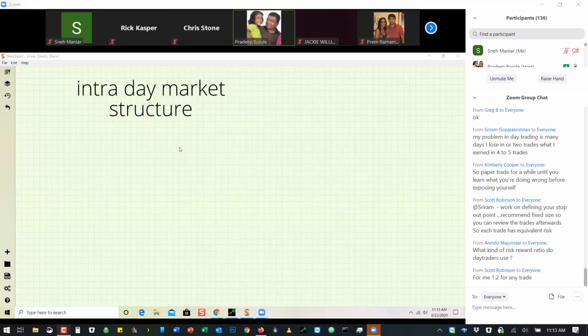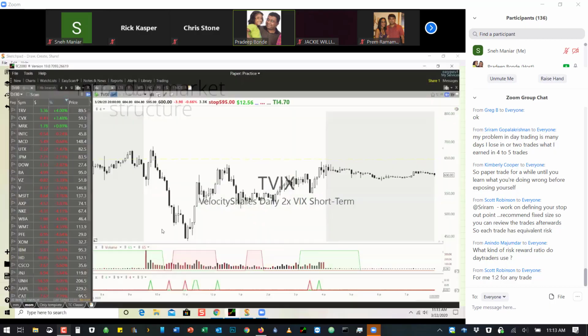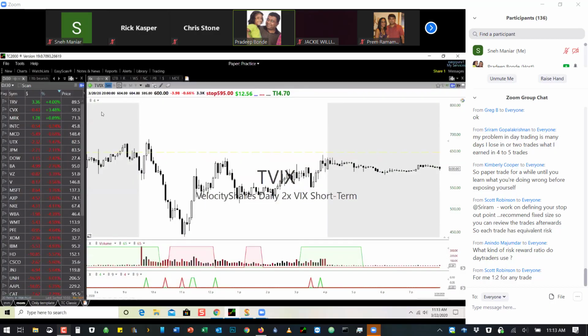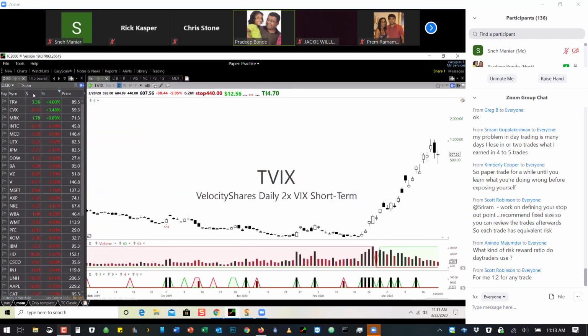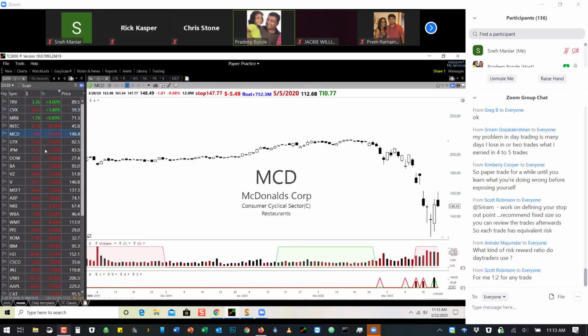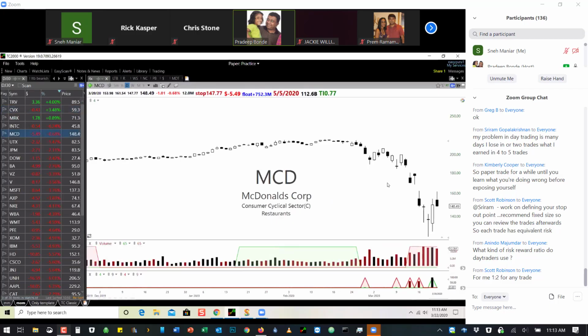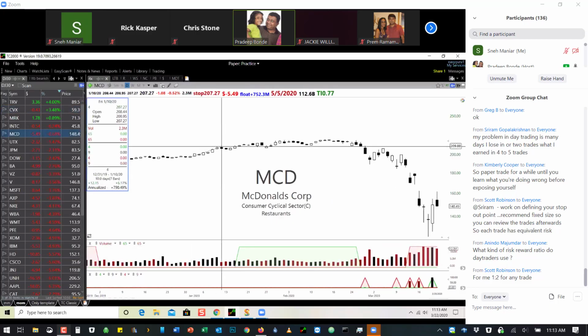So let's look at basically intraday market structure, okay? And this is the key to becoming a successful day trader. People are used to thinking in terms of trends, right? If you take a stock like this, when it is going up, there is a trend, and it looks like this on a daily chart.